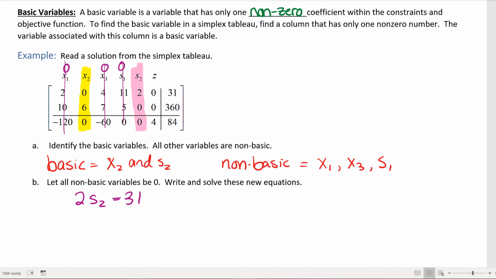All right, our second row, I have 6x2 plus no s2 plus no z's equals 360. And then our last objective function, we have 0x2 plus 0s2. We have 4z equals 84.